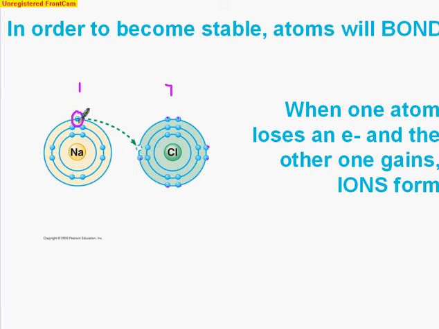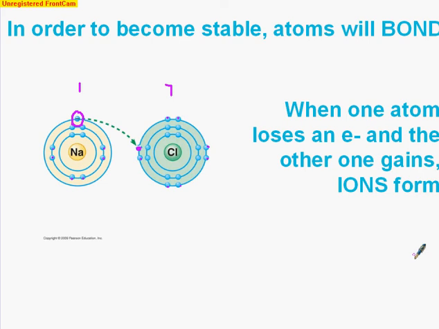It's going to ditch this electron, and that whole energy level will be gone, leaving the next energy level, which is already full. 1, 2, 3, 4, 5, 6, 7, 8. So sodium would be happy, would be stable. Chlorine would gain that electron, so it's 7 plus the 1 from sodium gives it 8, makes it stable.